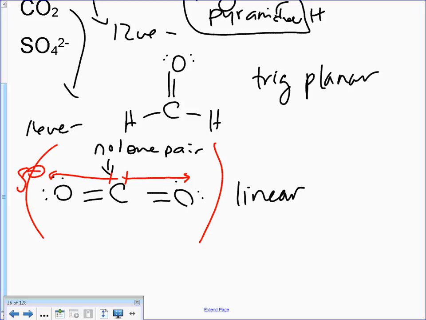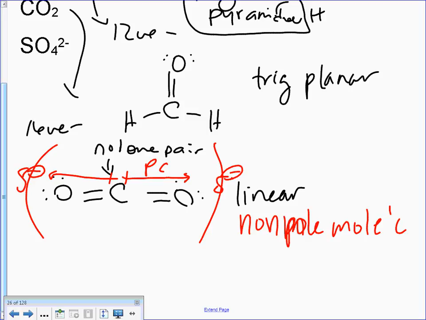Negative on this side, negative on this side. Is there a difference in the distribution of the electrons? No. So then what would you say? It is a nonpolar molecule. Despite the fact it has polar covalent bonds, the geometry allows for the polarities to cancel, causing a nonpolar molecule overall. I'm dipping into this now because this is one of the hardest things for people to usually understand.